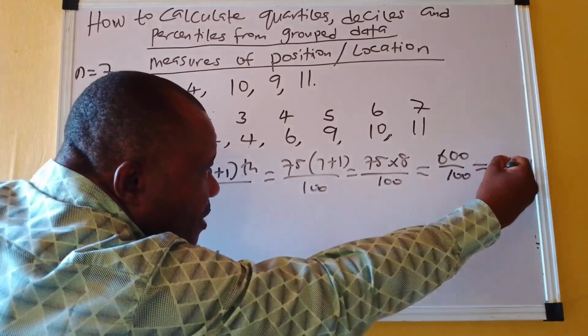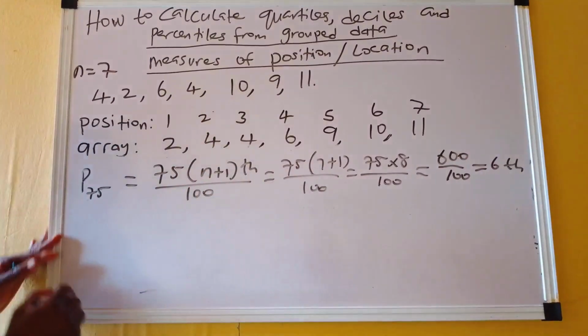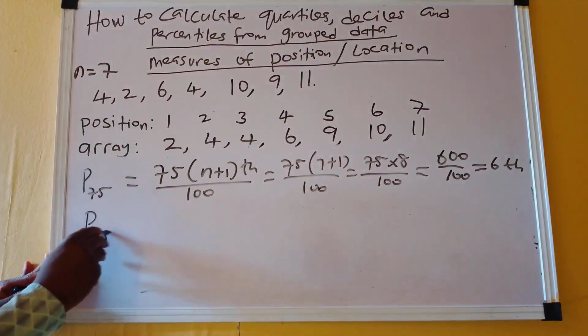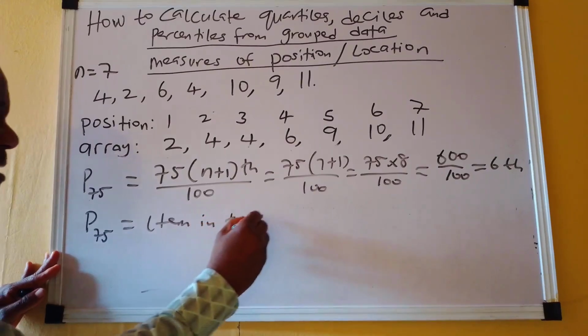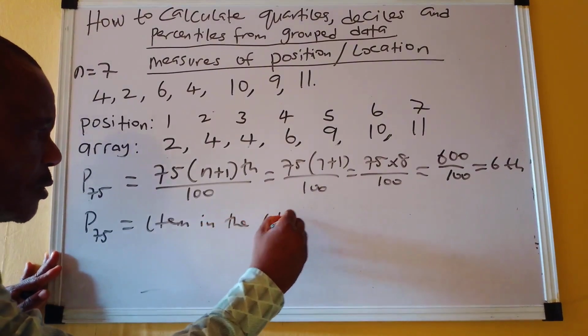That is 6. So the item in the 6th position. So our P75 is equal to the item in the 6th position.